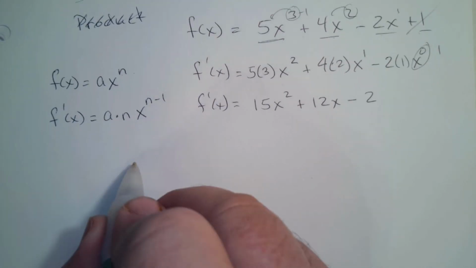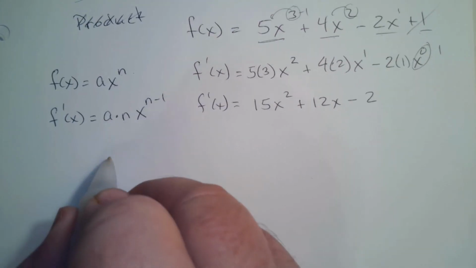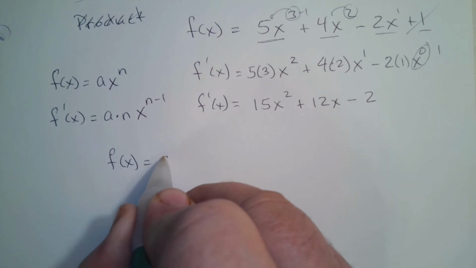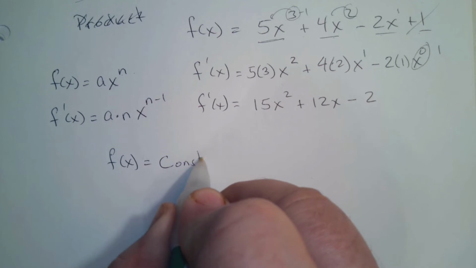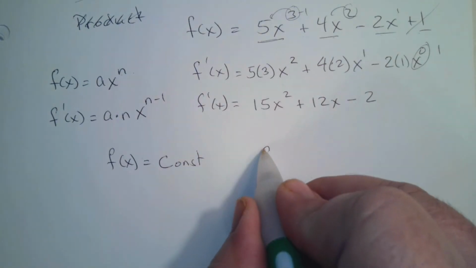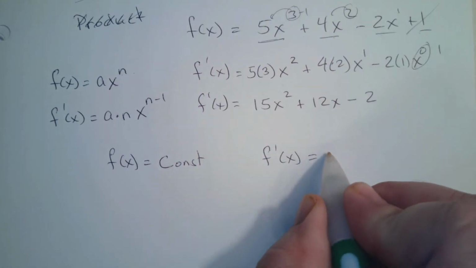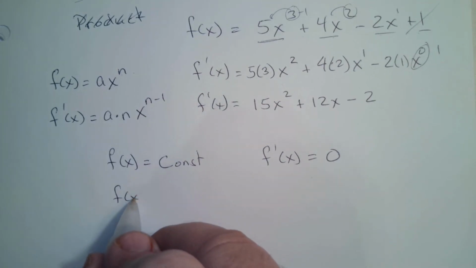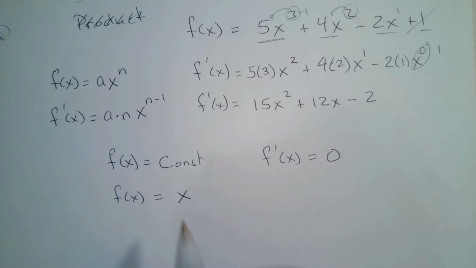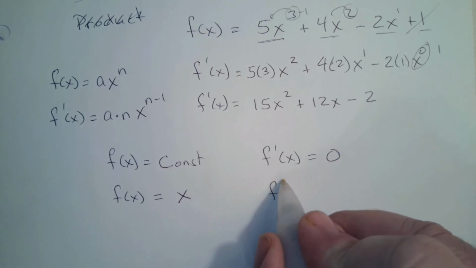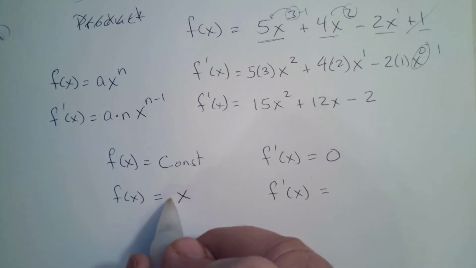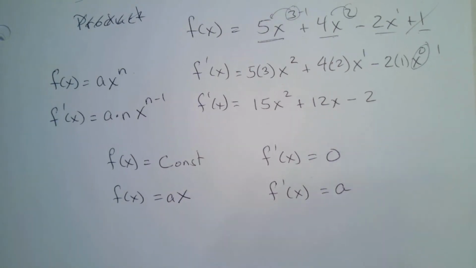We have these sets of rules. If you have a constant, the derivative equals 0. If you just have an x, the derivative, if there's no power, it's just whatever's in front, the coefficient.